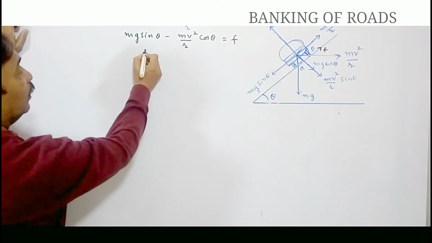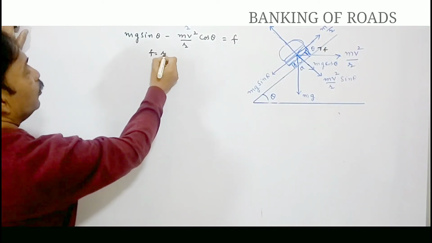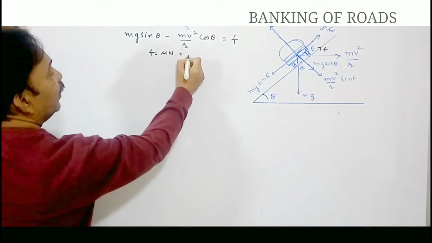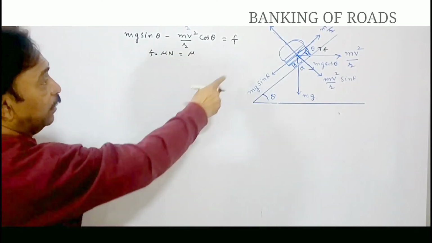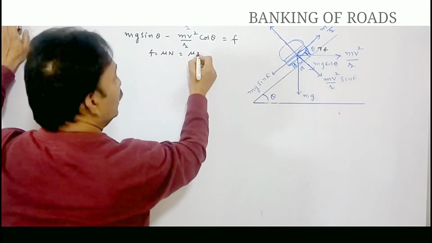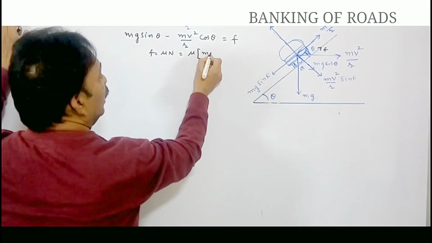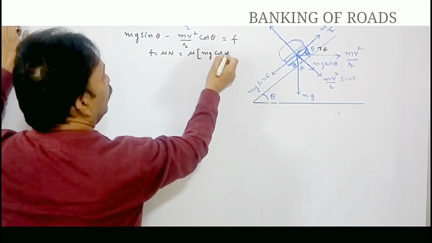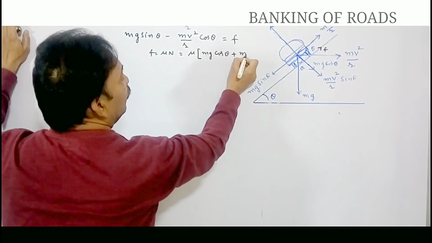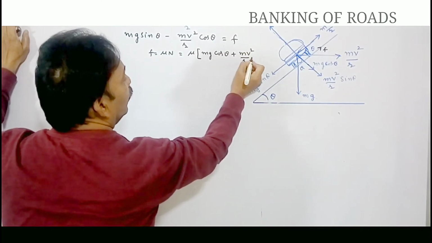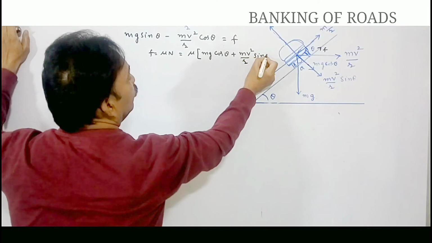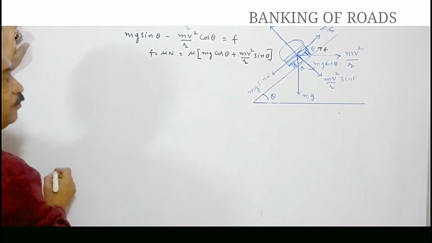As you know, frictional force is equal to mu N, and it can be written as mu of N, where the normal reaction N is equal to mg cos theta plus mv square by r into sin theta.